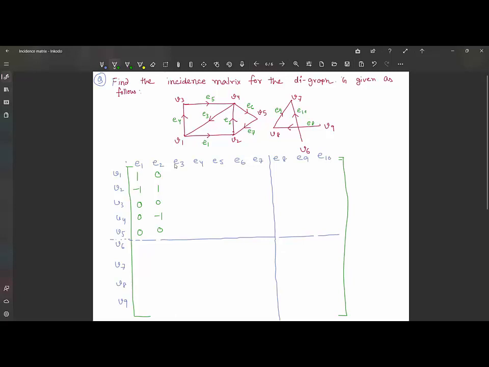E3 is from V4, so V4 will get 1 and V1 will get -1, other values are 0. E4 is from V1, so V1 will get 1 and V3 will get -1, and every other value is 0. For E5, from V3, V3 will get 1 and V4 will get -1, and the rest is 0.